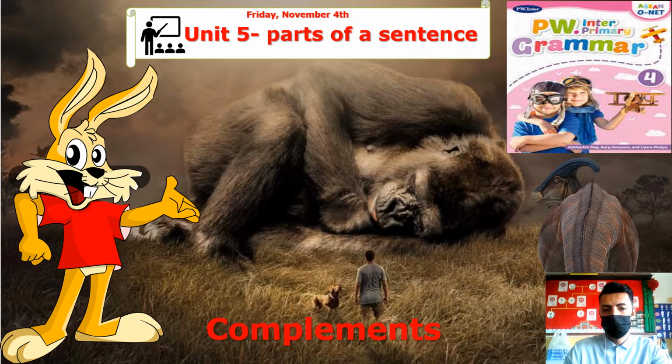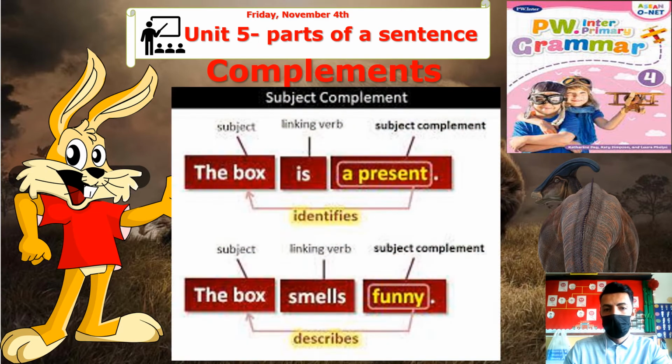To explain this, here in this picture, we have two sentences. We have two complements. In the first sentence, the complement is a noun. In the second sentence, the complement is an adjective.